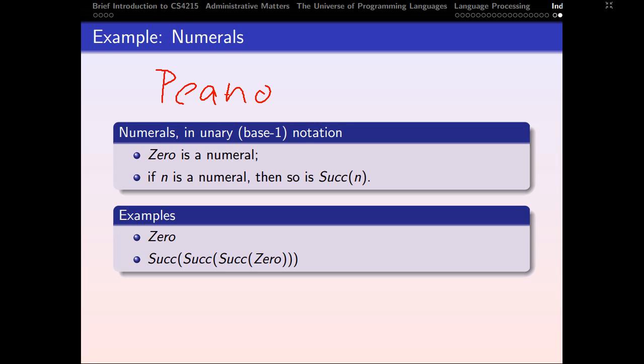All right? So then, based on these rules, I can very easily decide that 0 is a natural number. Then successor of 0 must be a natural number as well by the second rule. And since successor of 0 is a natural number, successor of successor of 0 must be a natural number, and so on. And these are my natural numbers.